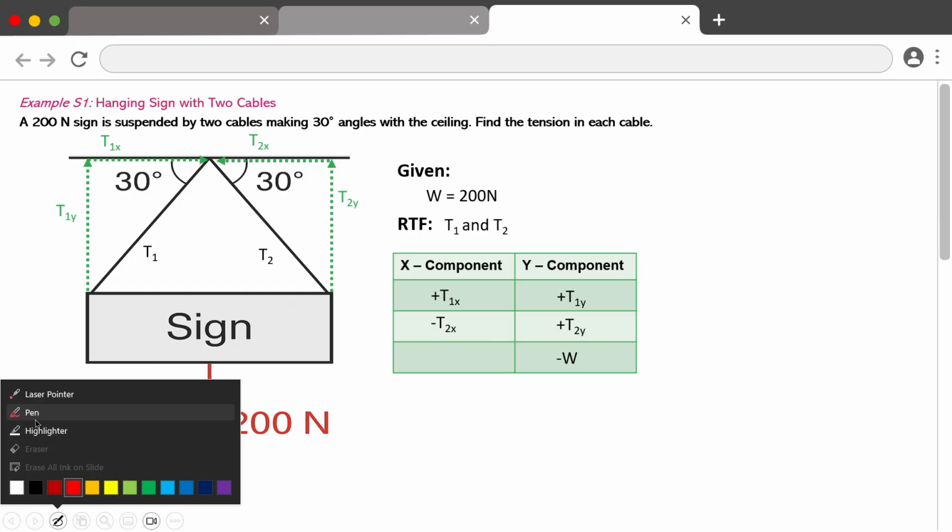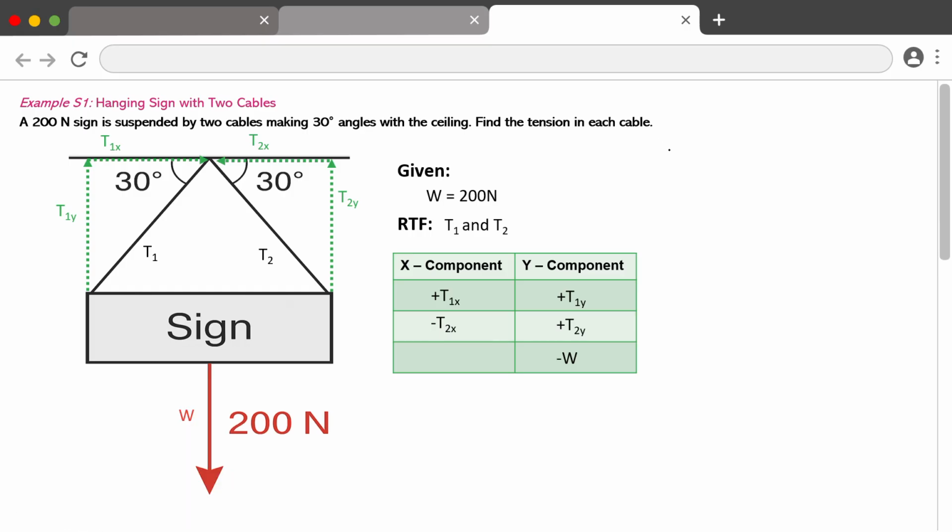Since we have a right triangle, we can express the sides of this triangle in terms of a trigonometric ratio. So let me write. We have SOHCAHTOA. If our reference angle is this, which is 30 degrees, the angle that this cable makes with the ceiling, let's make that our reference angle.